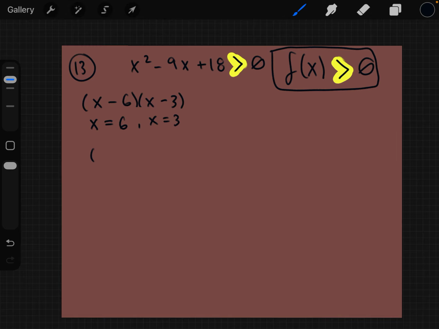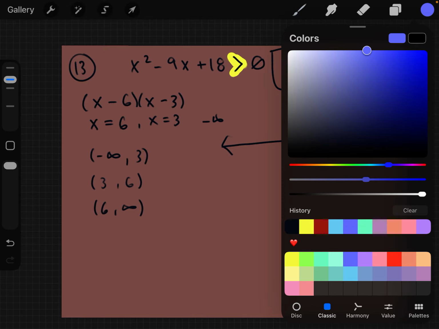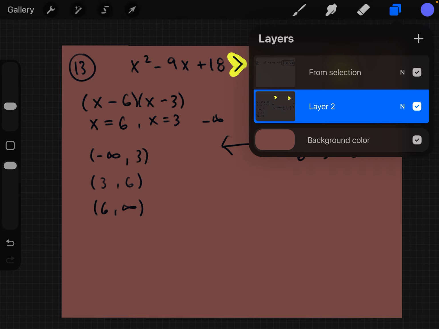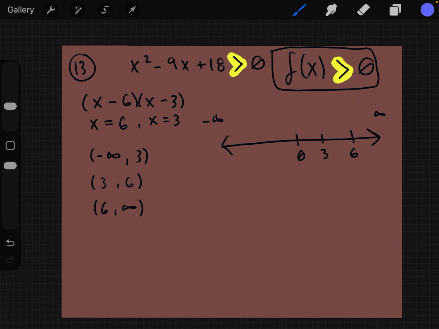And then we check our sections, starting from negative going to positive. Lowest to highest. Like if we had a line, we would have sections.